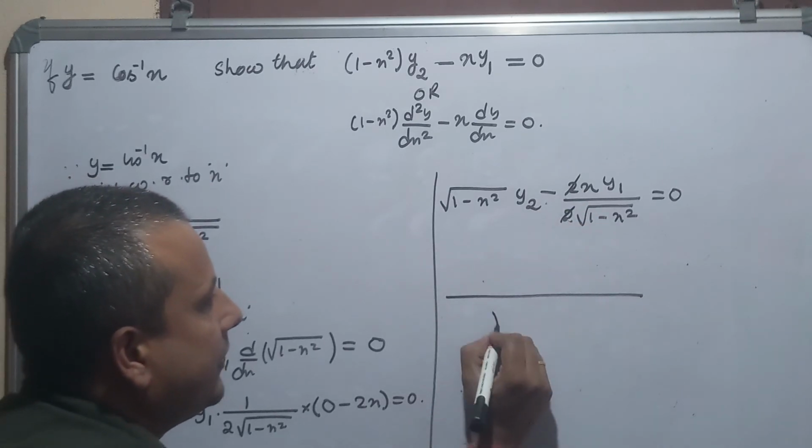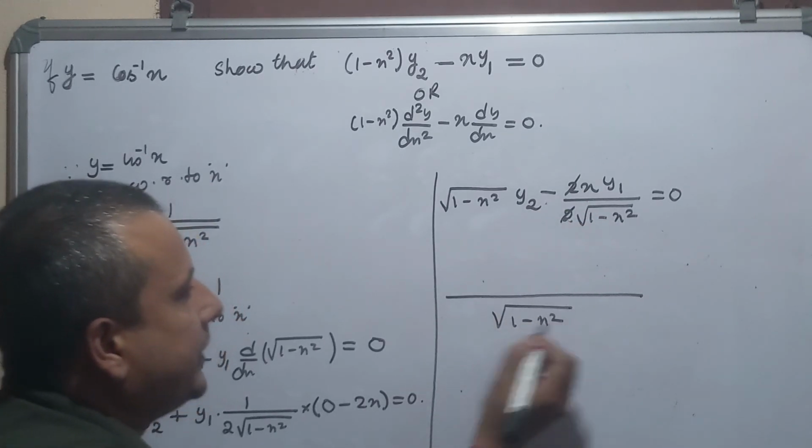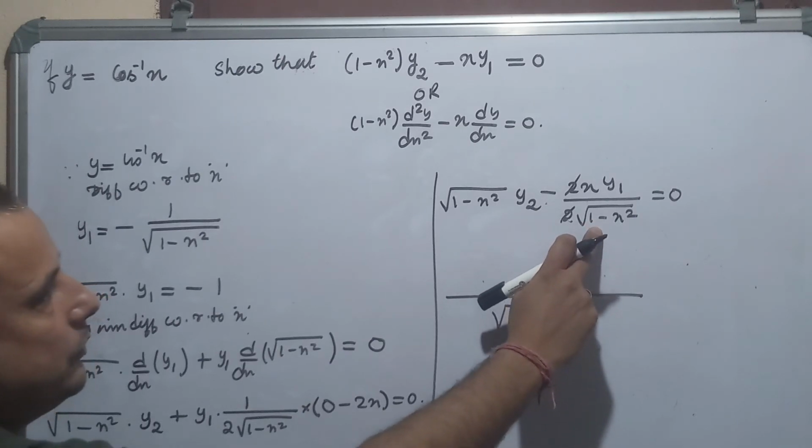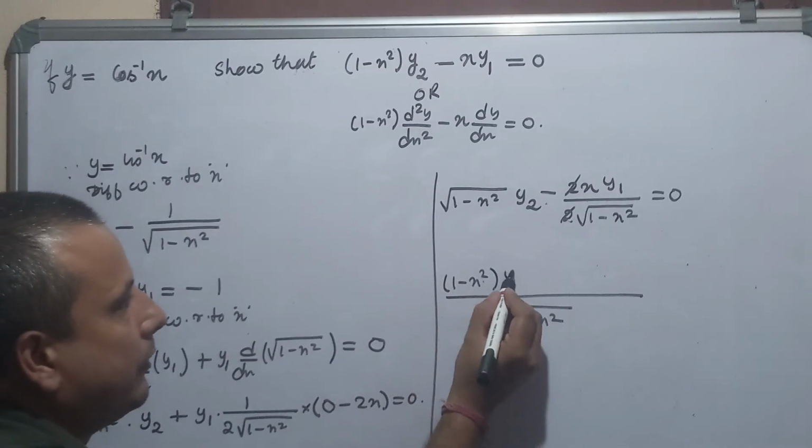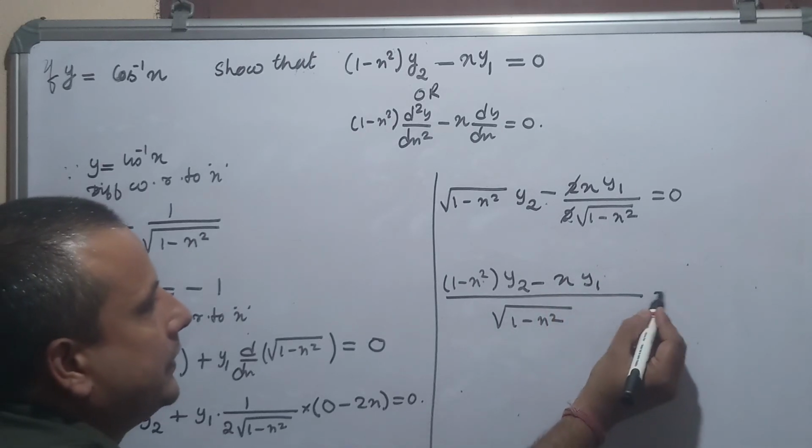Now I'll take under root 1 minus x square as LCM. Under root 1 minus x square into under root 1 minus x square will be 1 minus x square, then y2 minus x y1 is equals to 0.